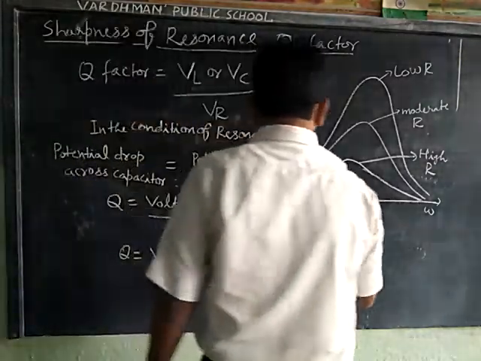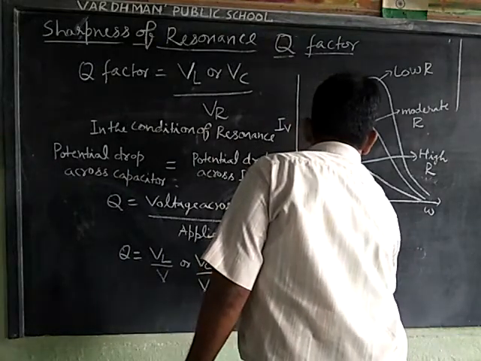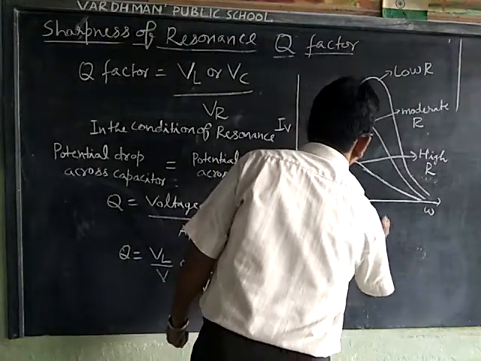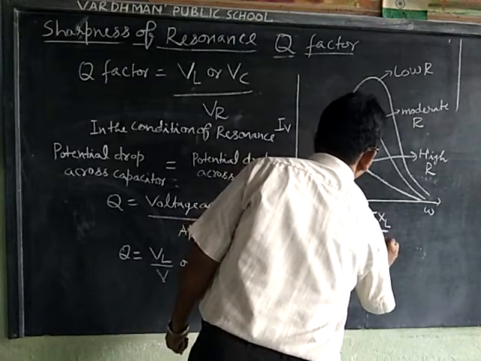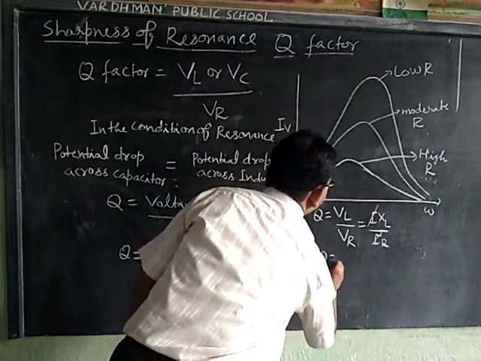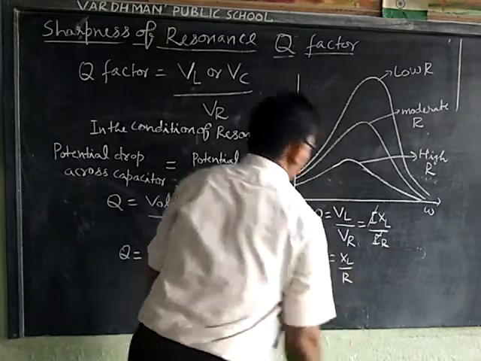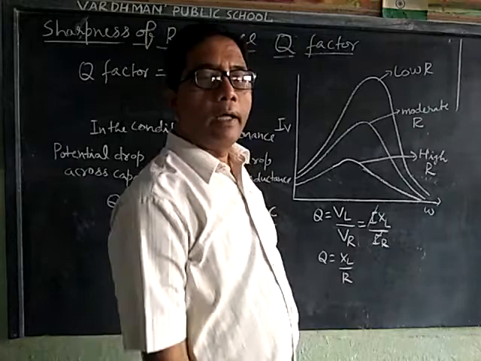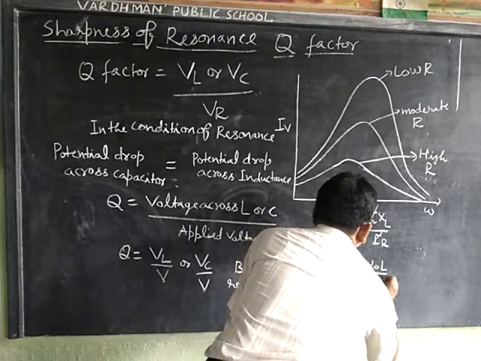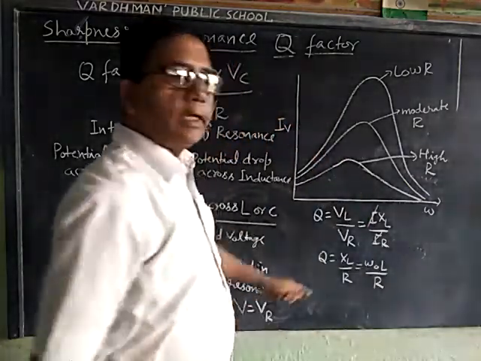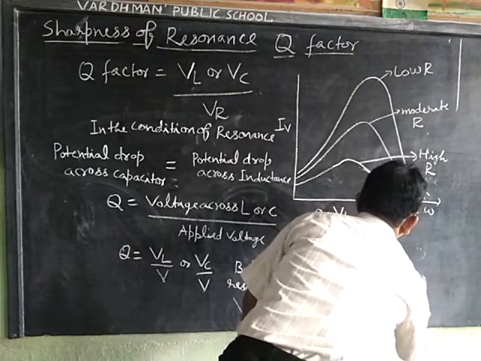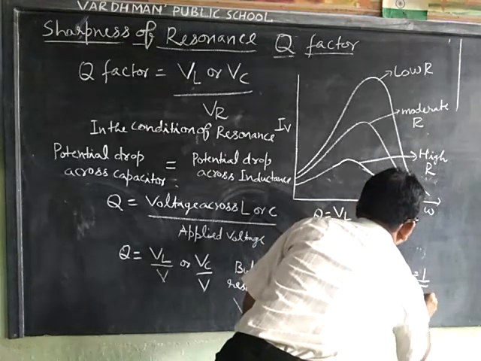Therefore, we can write Q is equal to VL upon VR, that is I XL upon I R. Cancel I, Q is equal to XL upon R. XL is equal to omega 0 L, so Q is equal to omega 0 L upon R. In the last derivation we have proved omega 0 is equal to 1 upon under root LC.